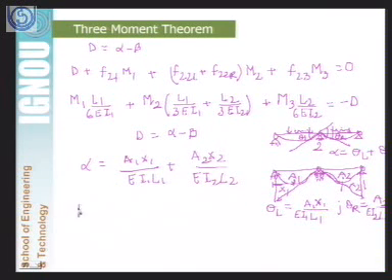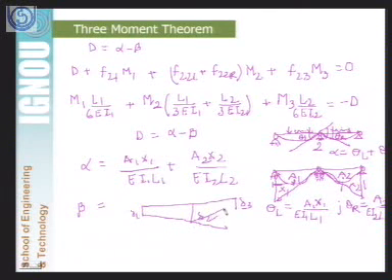Again friends, you can calculate the value of beta from this diagram. This is delta 1, the center one has gone by delta 2, and this is delta 3. This angle is beta. So beta we can divide in two parts, this angle and this angle. What will be this length? Delta 2 minus delta 1 divided by L1. This is distance L1.